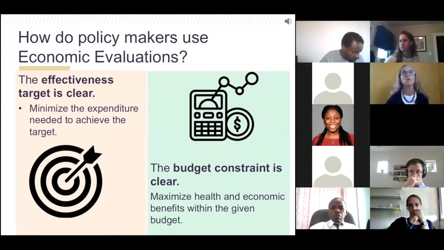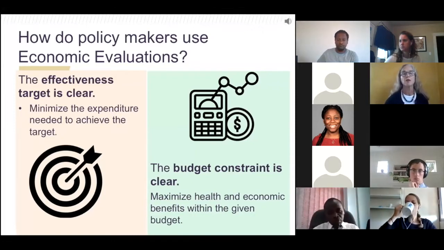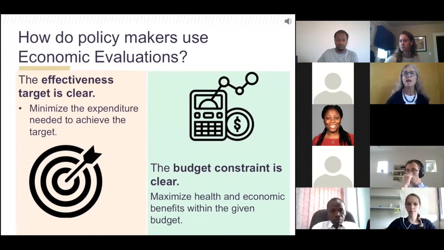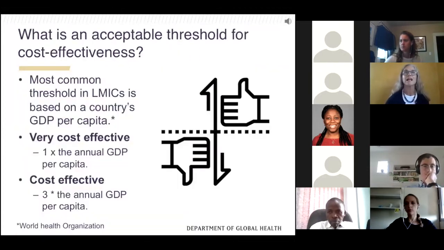But hopefully, when you're working with decision makers, they have a clear effectiveness target so that they're interested in minimizing the expenditures needed to achieve that target, like meeting perhaps the World Health Assembly nutrition goals. They should also have a clear budget constraint so that they can maximize those health and economic benefits within the budget. And ideally, they have some acceptable threshold that's clear and explicitly stated. But I can tell you that these aren't always clear in reality.